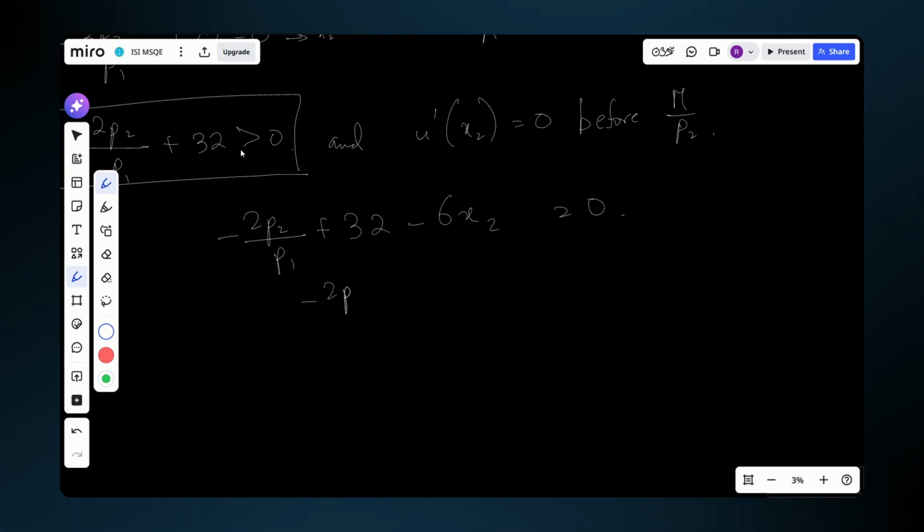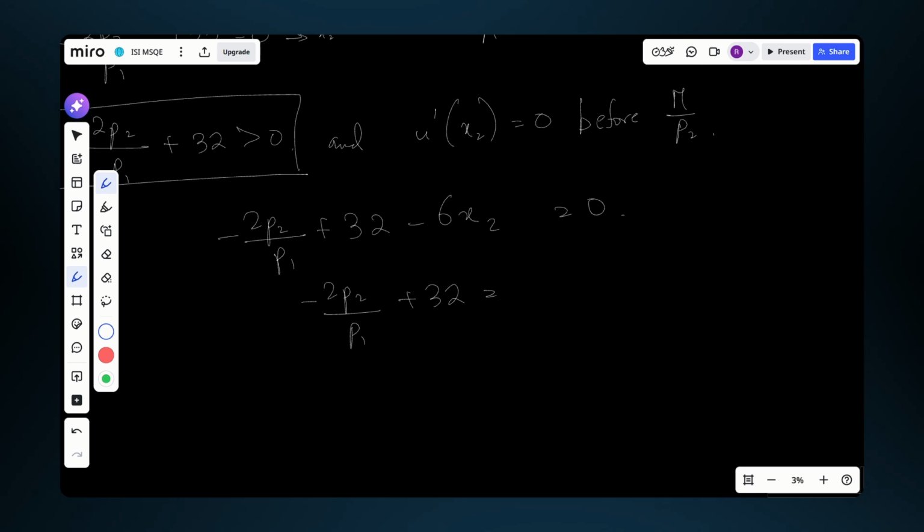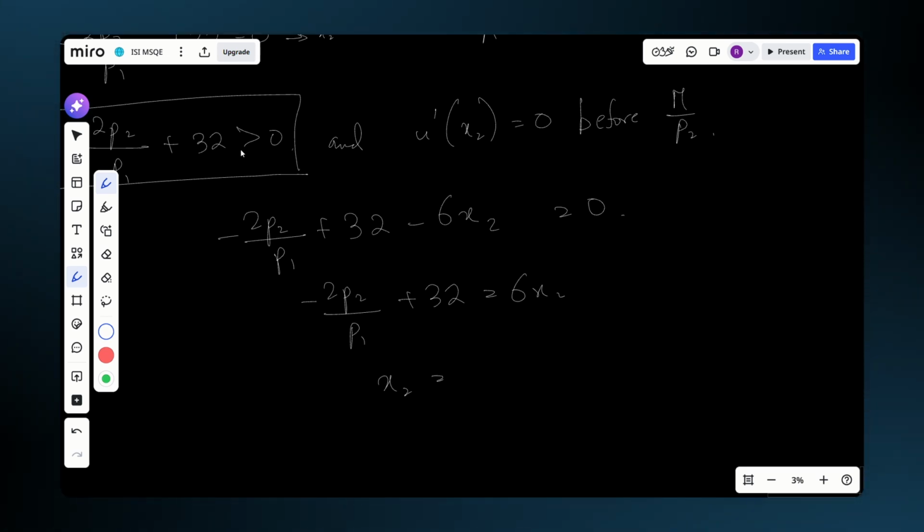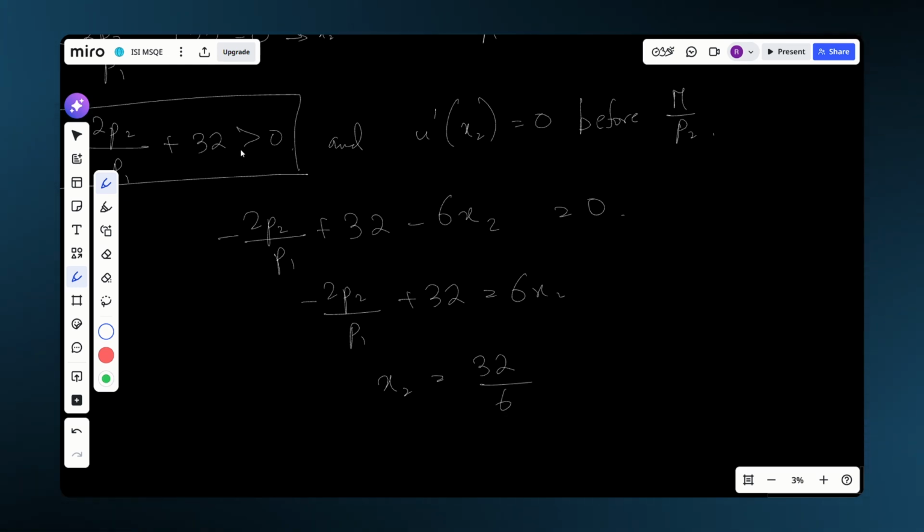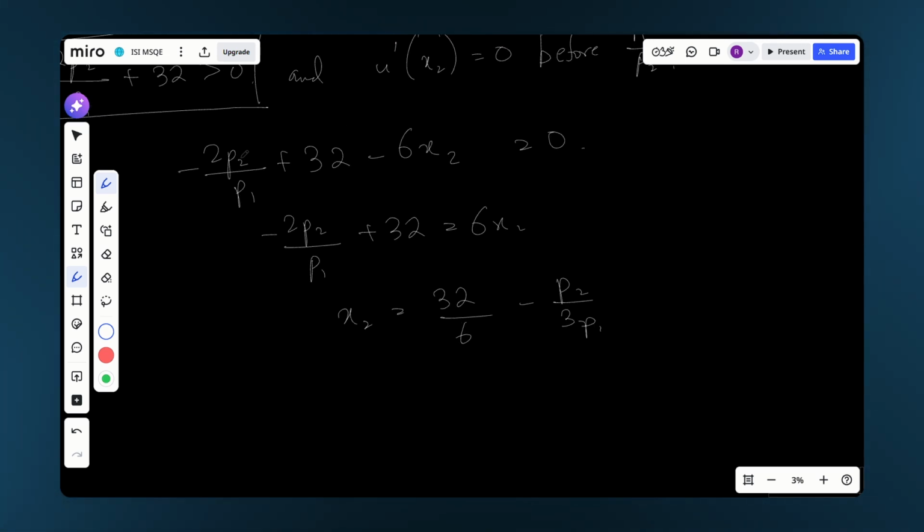So minus 2p2 by p1 plus 32 equals 6x2. So x2 is equal to 32 by 6 minus p2 by 3p1. Let's say this bundle is x2 star.